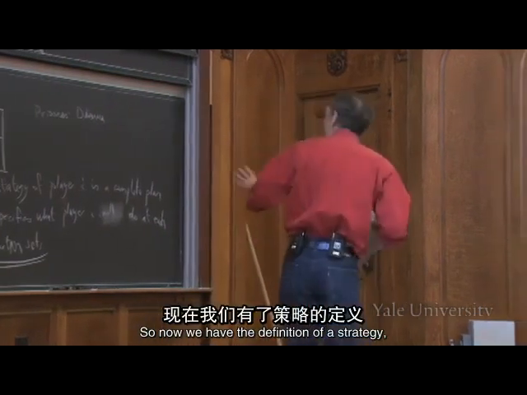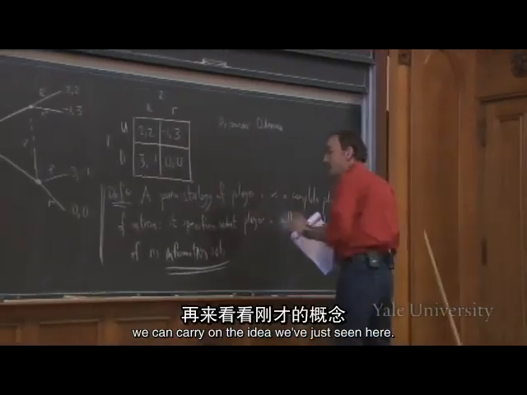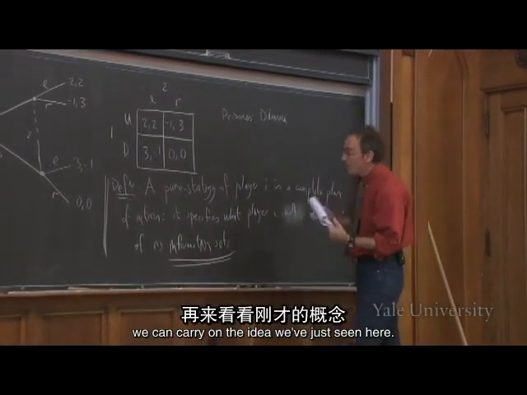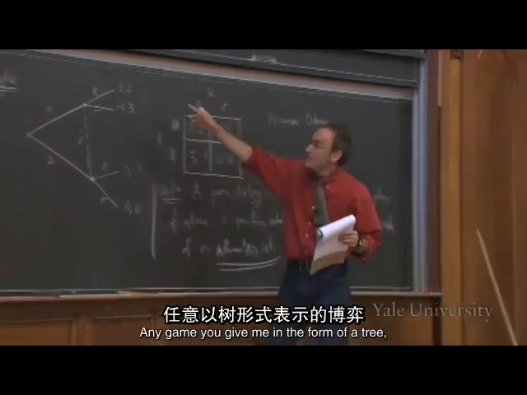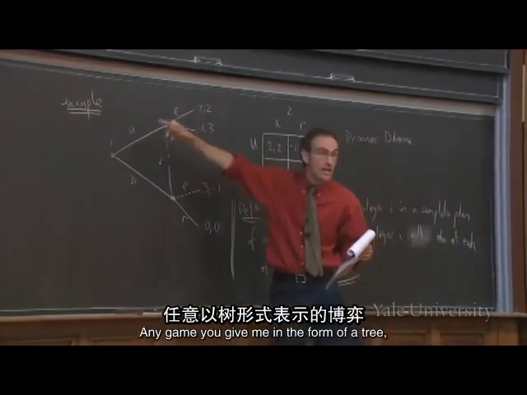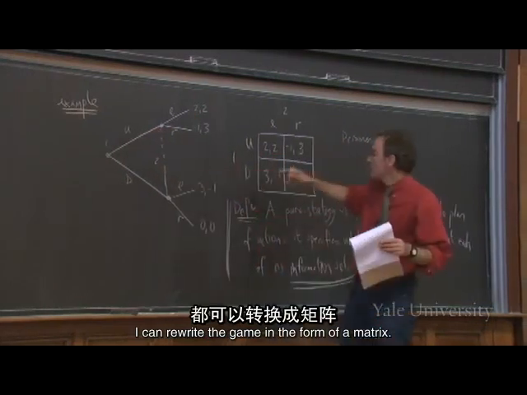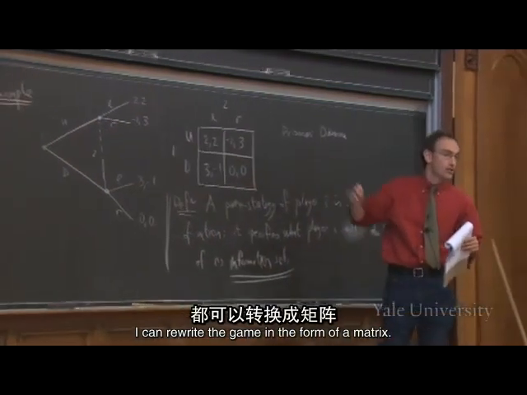All right, so now we have the definition of a strategy. We can carry on the idea we've just seen here. So what's the idea here? Any game you give me in the form of a tree, I can rewrite in the form of a matrix.